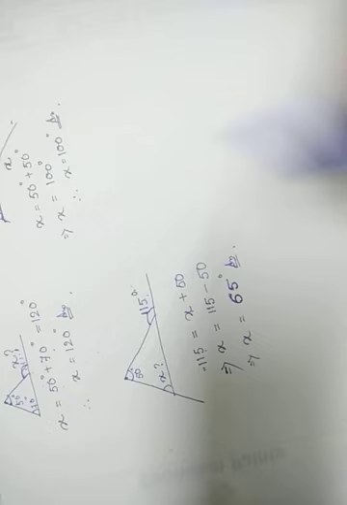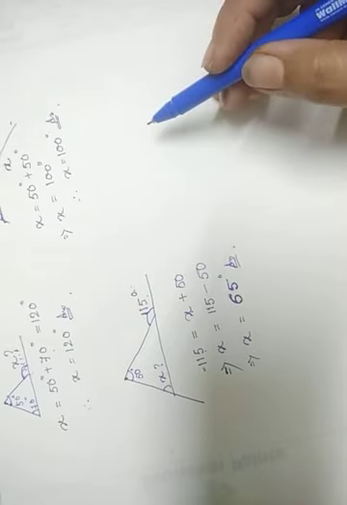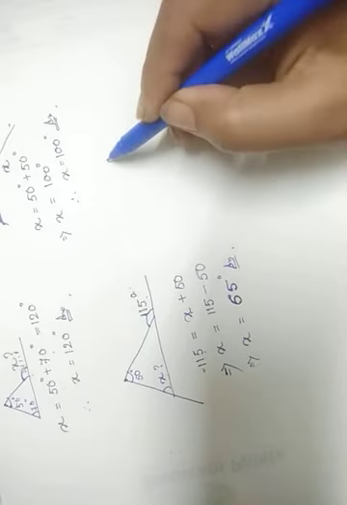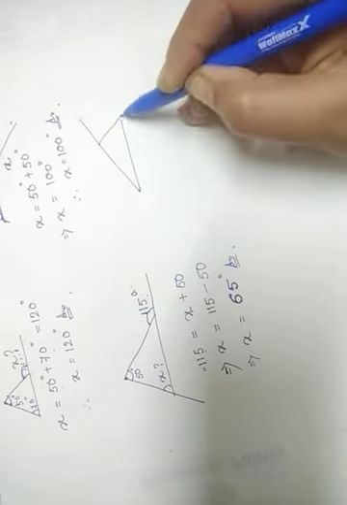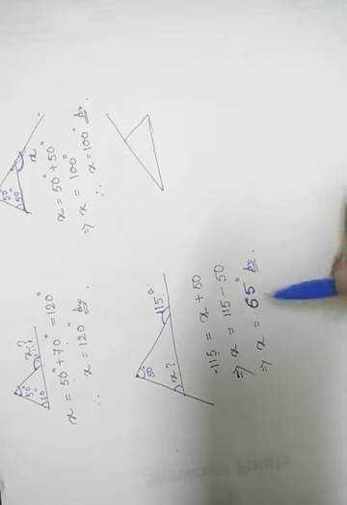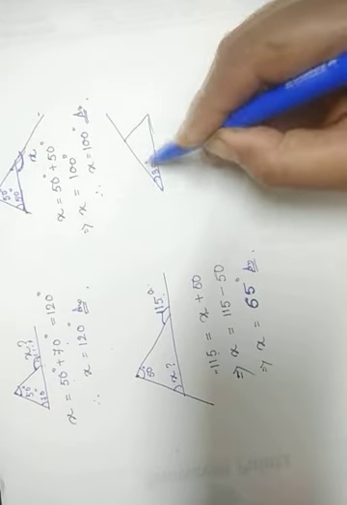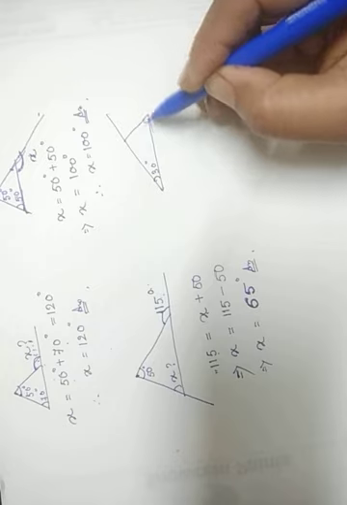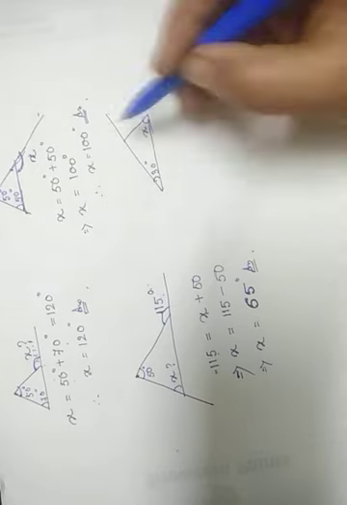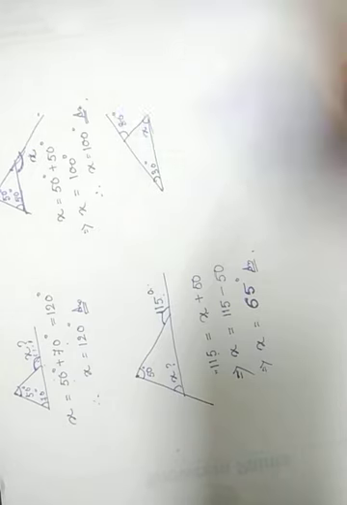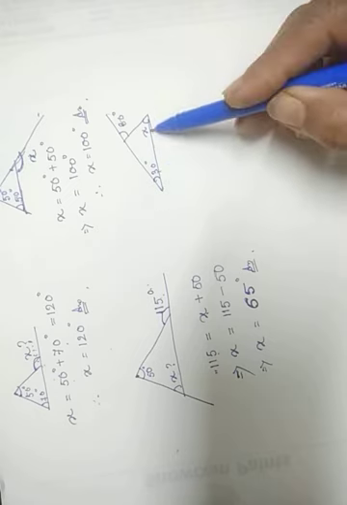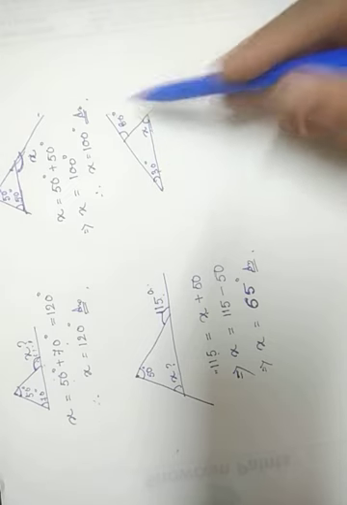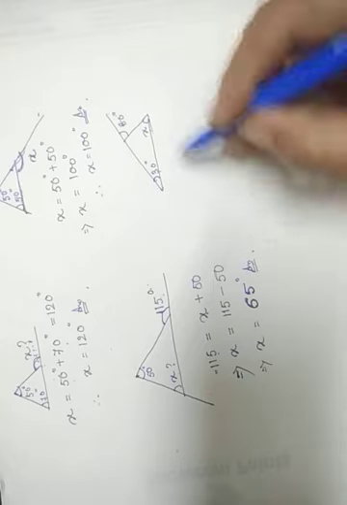Okay. See another example. So this is a triangle. This angle is given 30 degree. This X you have to find out. This exterior angle is given 80 degree. Here also this is the exterior angle, and these two angles are opposite to this exterior angle, so you can apply the theorem.